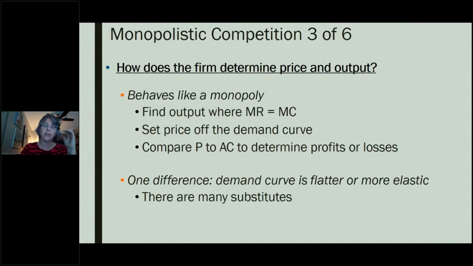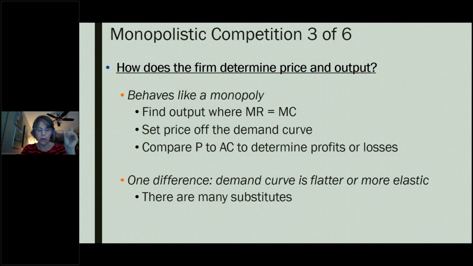If the price that you're charging for your product, say $10 per unit, is higher than the average cost per unit, which is $8, then the difference between what I charge, 10, and how much it costs me to make it, 8, that $2 is my profit per unit.